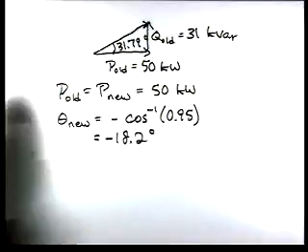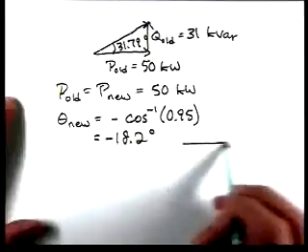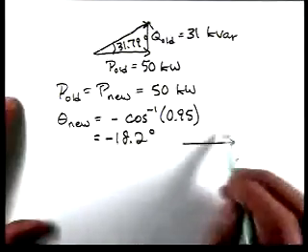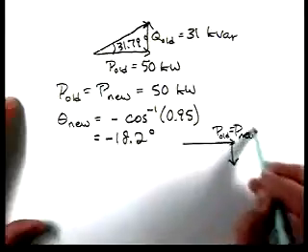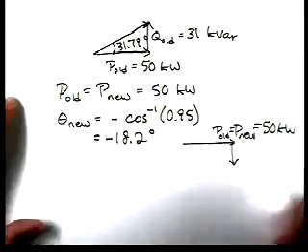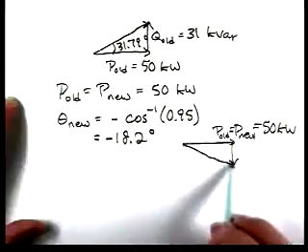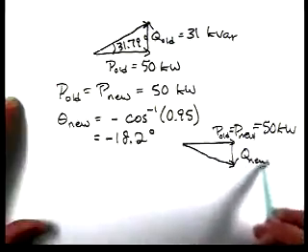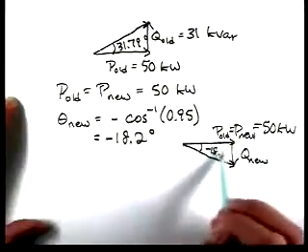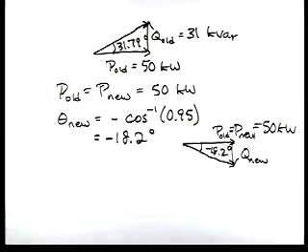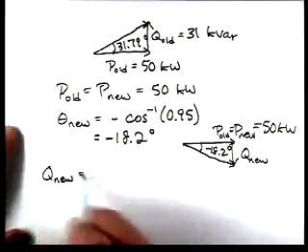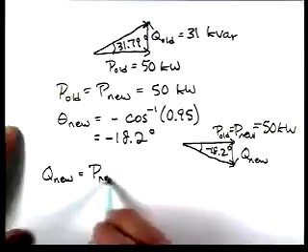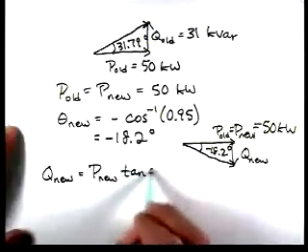So now our power triangle is going to look like this. And that angle is minus 18.2 degrees. So now Q new is P new, which is P old, times tangent theta new.